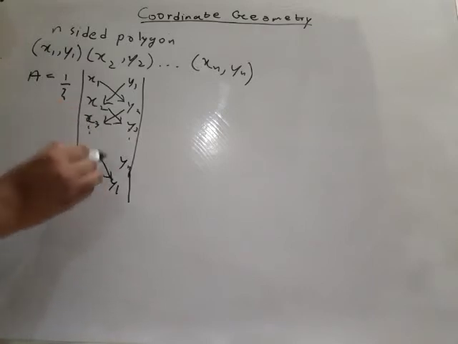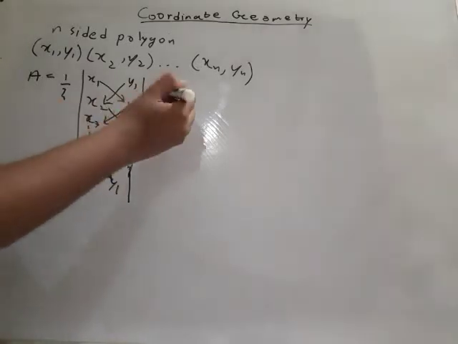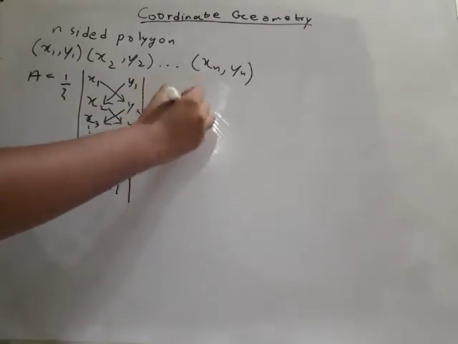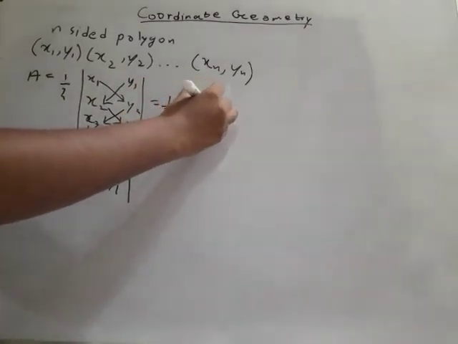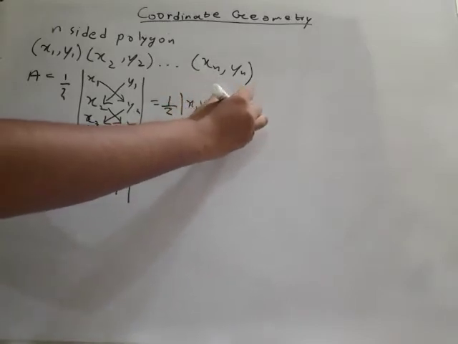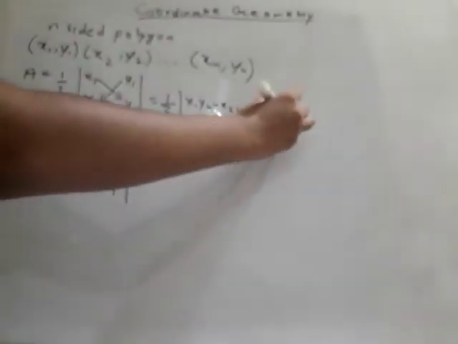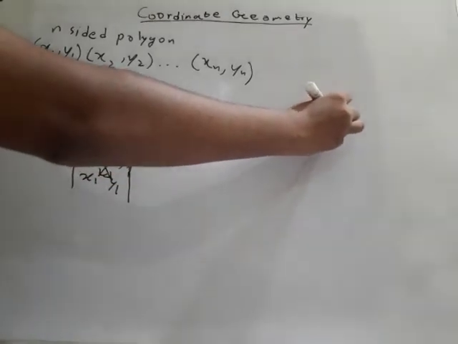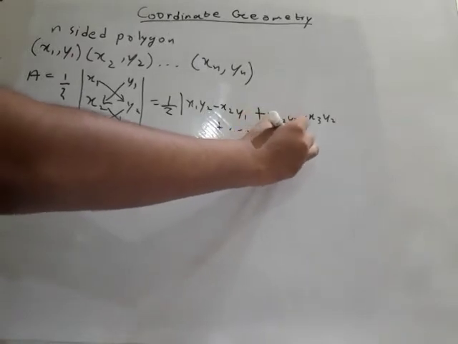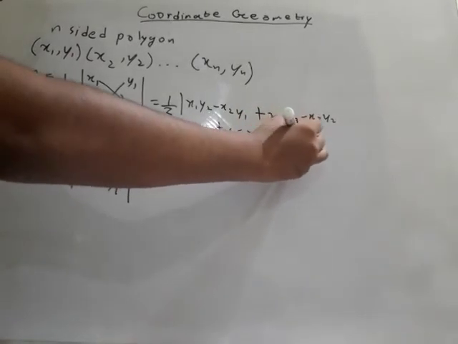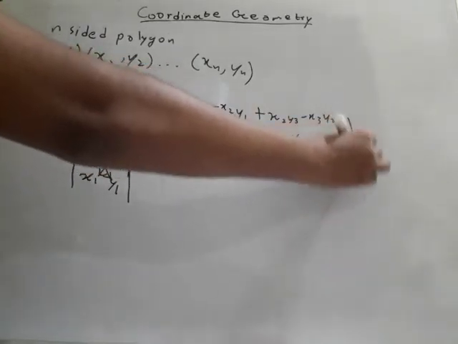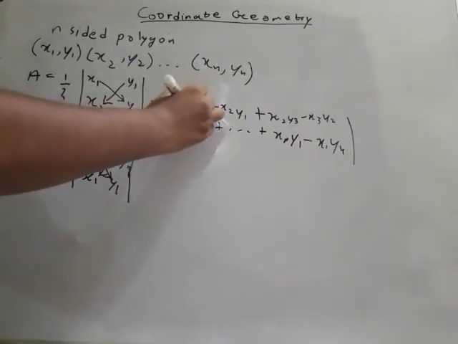So it comes out to be like this: 1 by 2 mod of x1 y2 minus x2 y1 plus x2 y3 minus x3 y2 and so on till xn y1 minus x1 yn. Remember this is the easiest method.